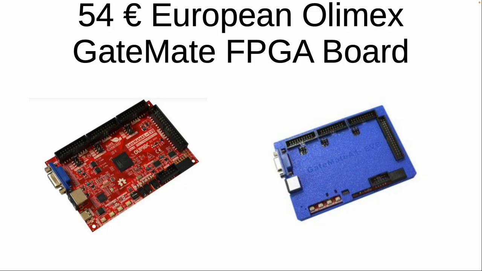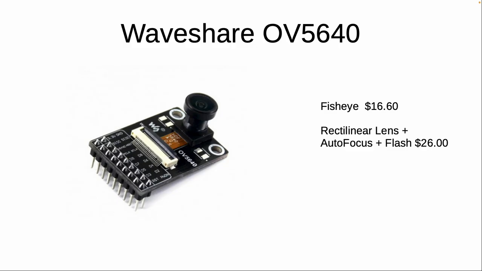What I really like is the European Olimex GateMate. It has a 5 gigabit per second SerDes interface, so some interesting things one can do with this. And of course, the simplest thing is you can just connect up the Waveshare OV5640 using lots of parallel RGB.